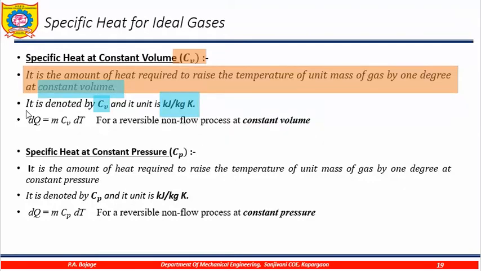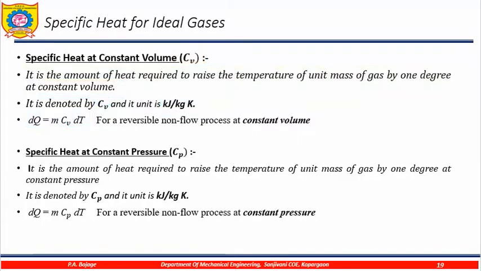Again, we have discussed this, heat supplied dq is equal to m Cv dT. Here m is the mass, Cv is the specific heat at constant volume, and dT is the temperature difference. This is for a reversible non-flow process at constant volume.